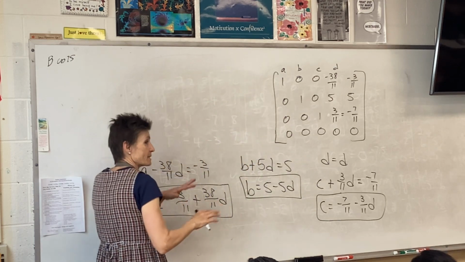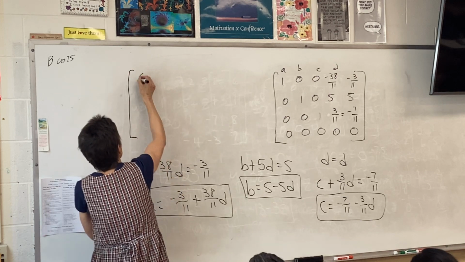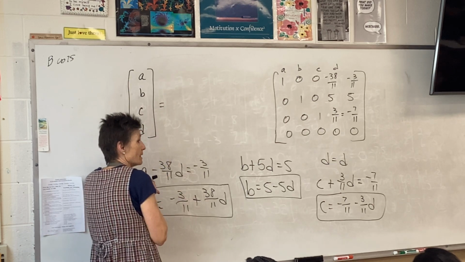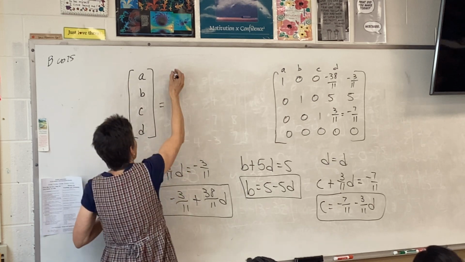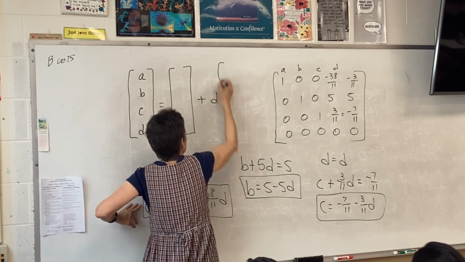Yeah. So here we go, it's time to write our answer. This time we have 4 variables: A, B, C, D. Each variable has a number and a D component.